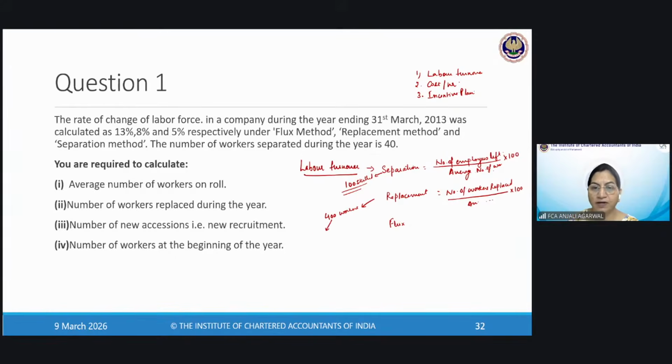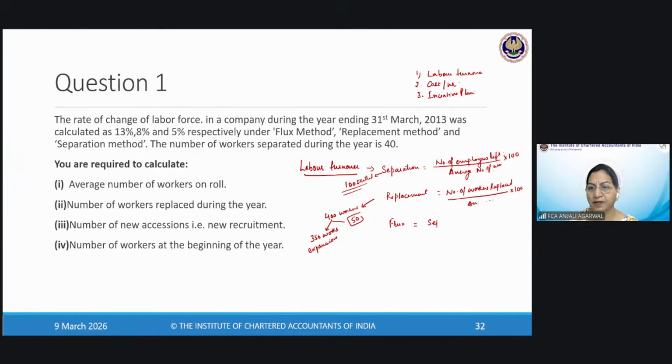However, if out of 400, 350 workers were because I have expanded, they were new recruits because of expansion or other reasons, then I would say that these 100 workers have been replaced by 50 workers. Then this answer would be 50 by average.